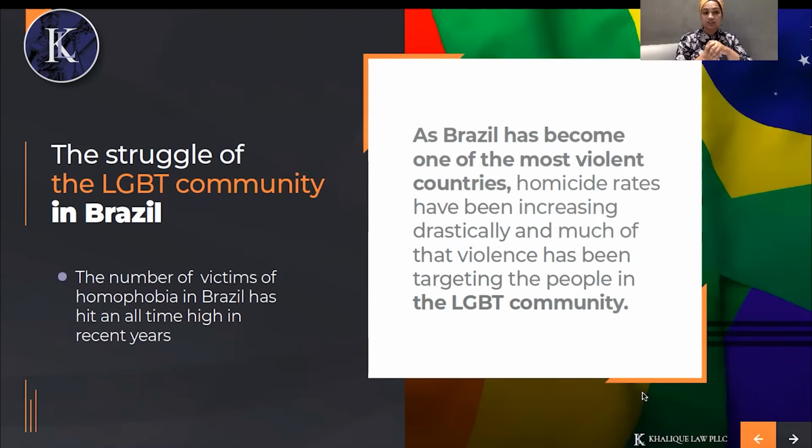We've had successful stories in establishing how there is strong violence and homicide rates of people who identify as LGBTQ. And over the last few years, homophobia in Brazil has been increasing. A key way that we demonstrated this is through country conditions, news reports, and also affidavits of support from other people who have faced persecution.